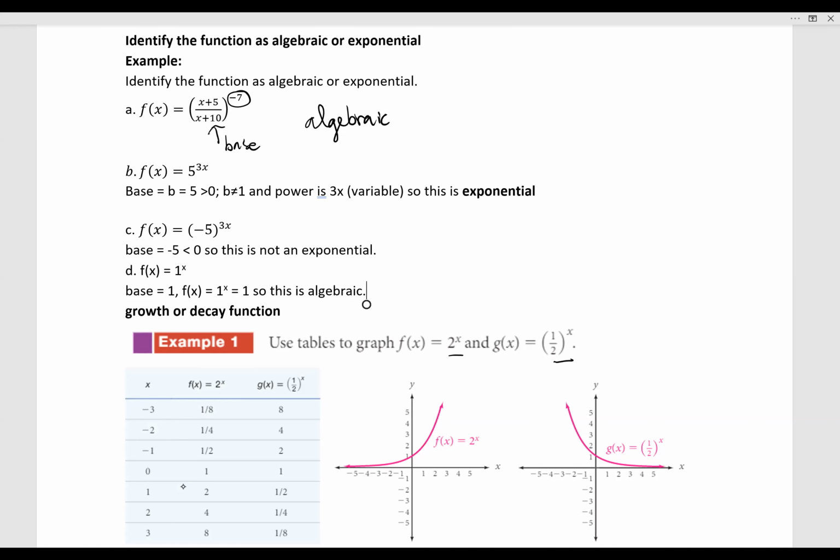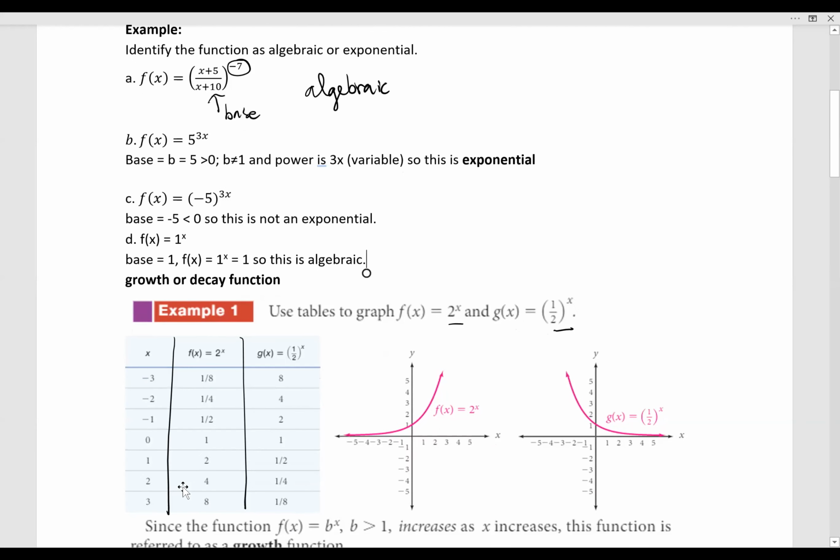I would like to have a t-table with x values, and on the right-hand side f(x) and g(x) values. I put several numbers for x: -3, -2, -1, 0, 1, 2, 3. The values of f(x) will be 1/8, 1/4, 1/2, 1, 2, 4, and 8. Similarly, for g(x), I will have 8, 4, 2, 1, 1/2, 1/4, 1/8.